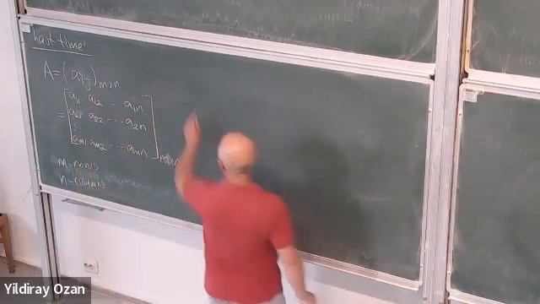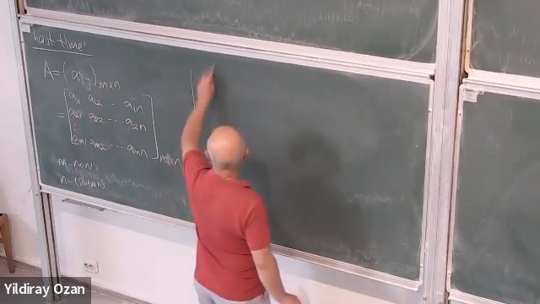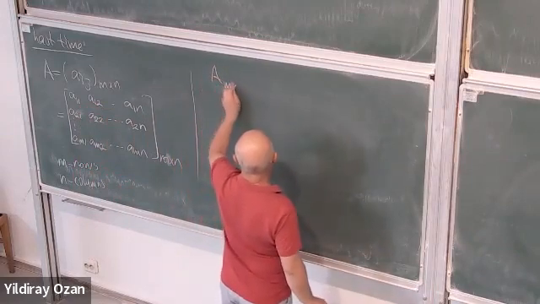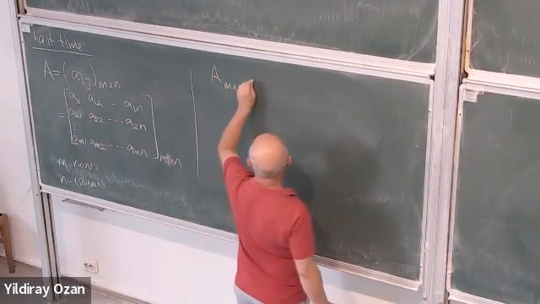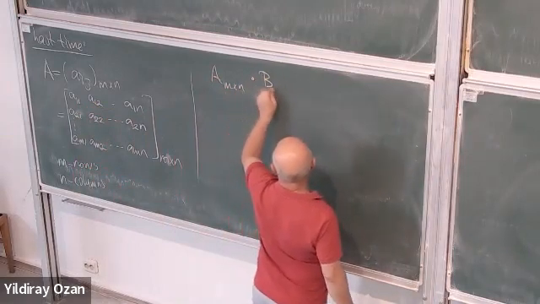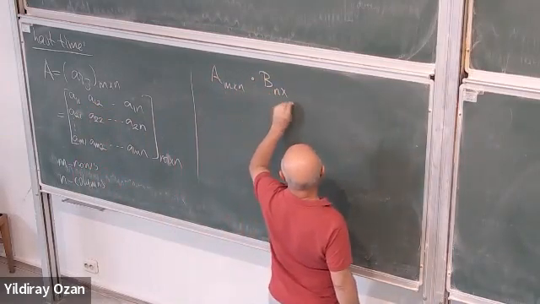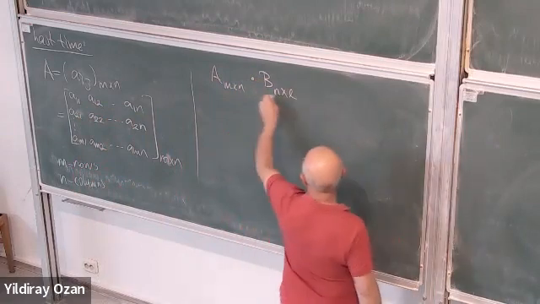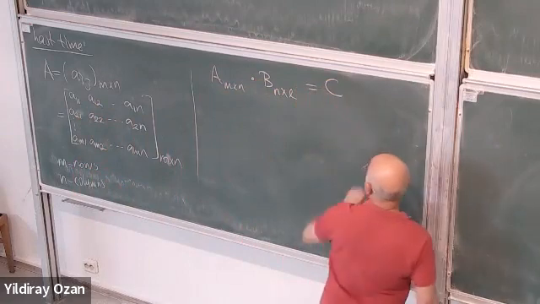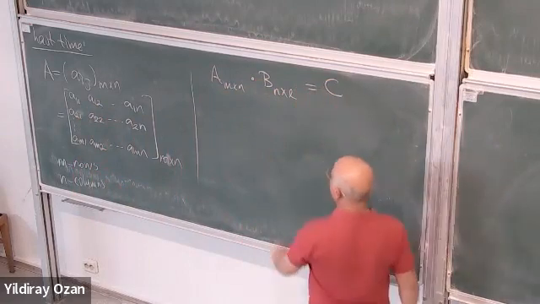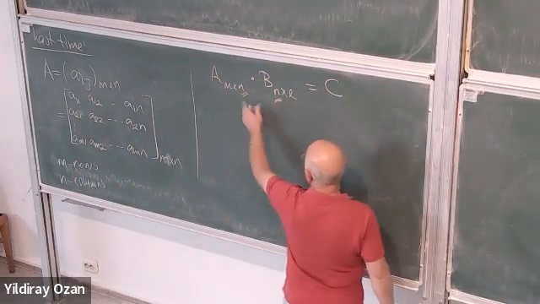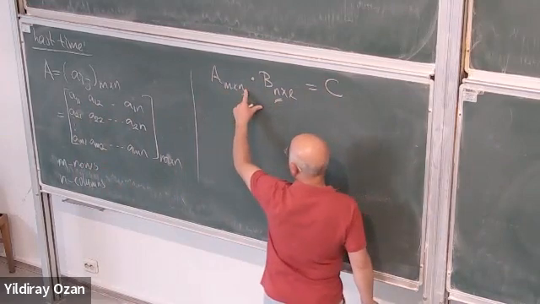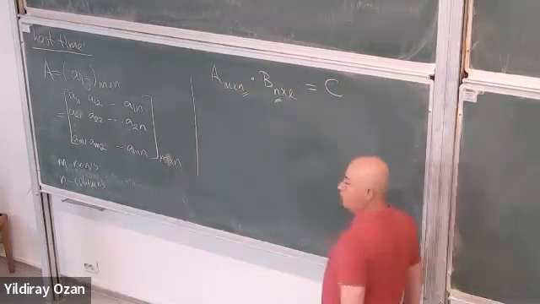If we have an n by n matrix and, let's say, an n by L matrix, then we define its product C. The number of columns of the first should be the same as the number of rows of the second.